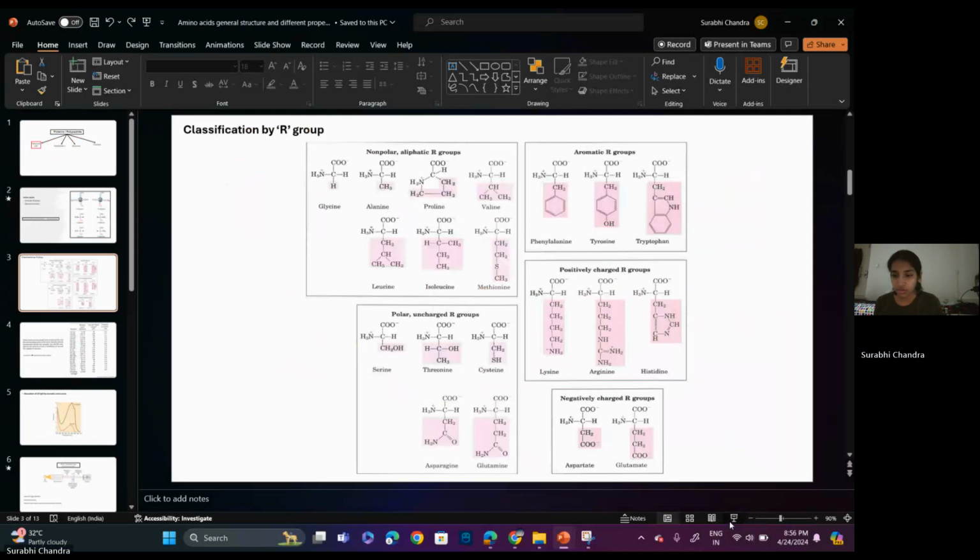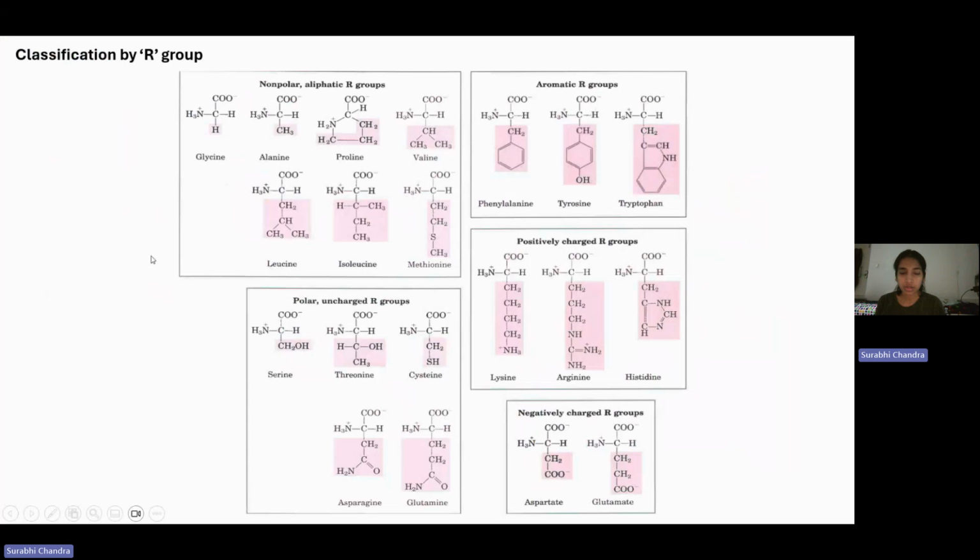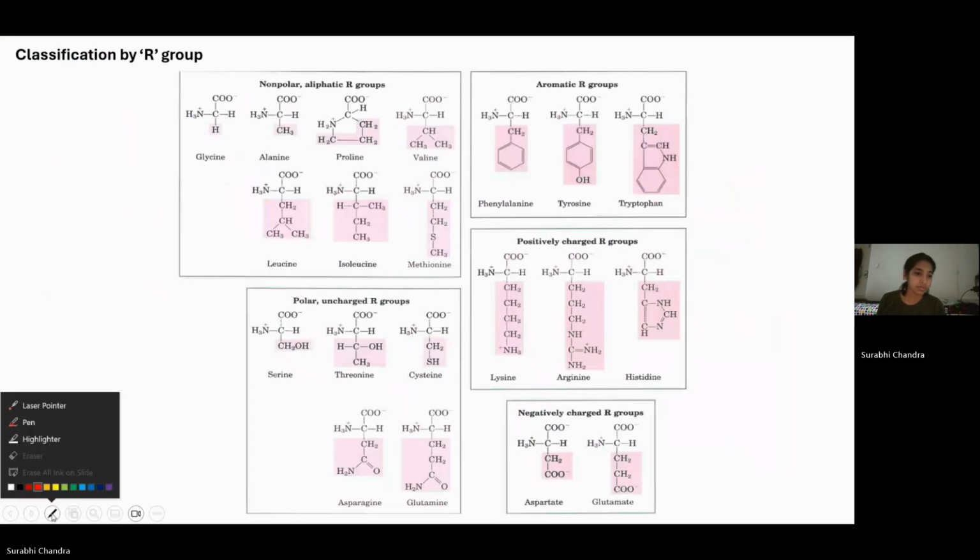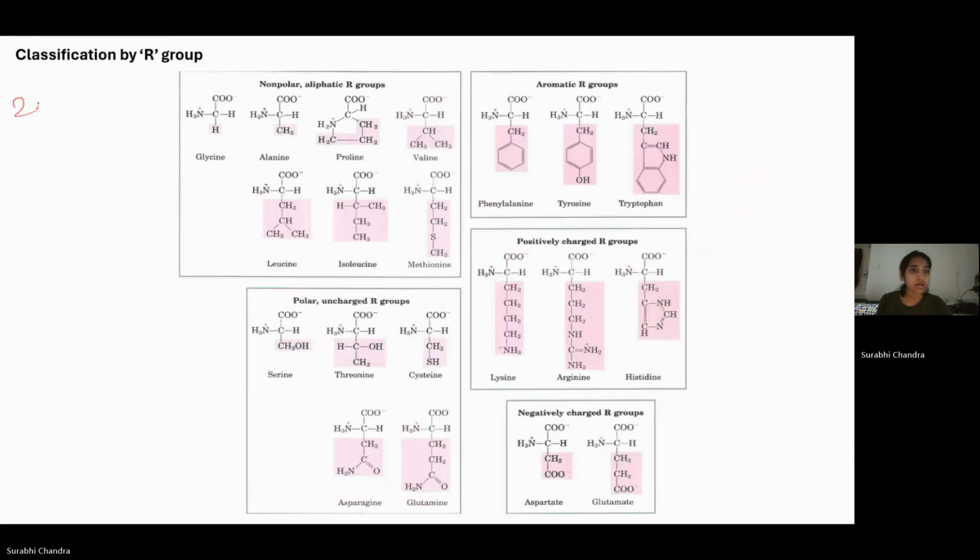There are 20 naturally occurring amino acids commonly found in our system.